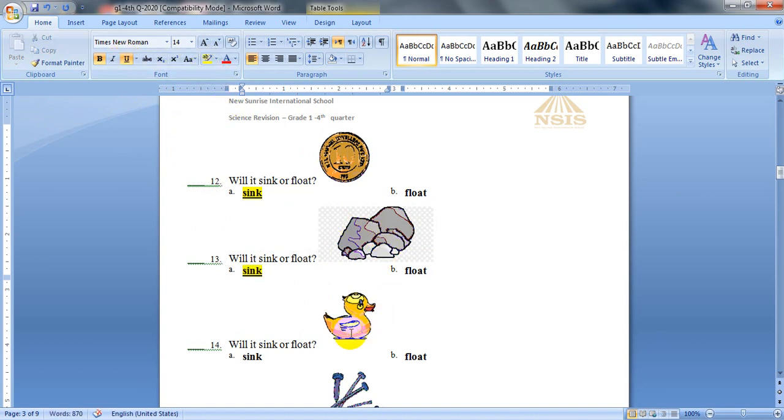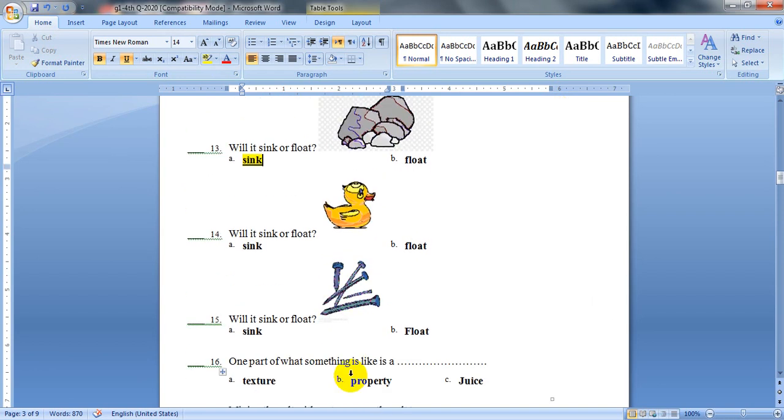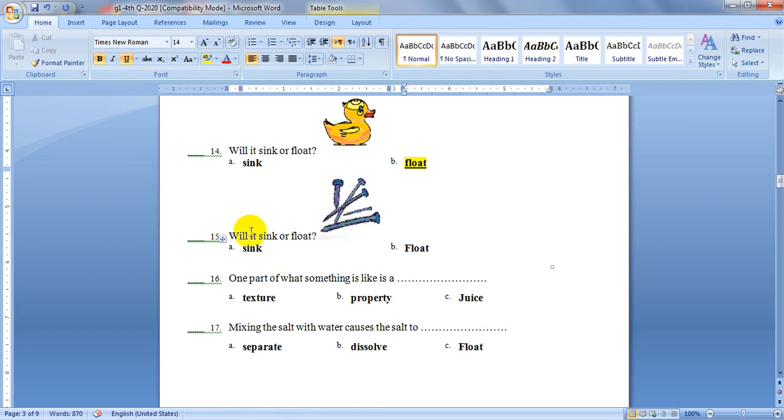What about this rubber duck? I know that babies use this one to play while they are bathing. Will it sink or float? Of course it floats. It seems like it's swimming up in the water. What about these nails? They are metal. Will it sink or float? They will sink.